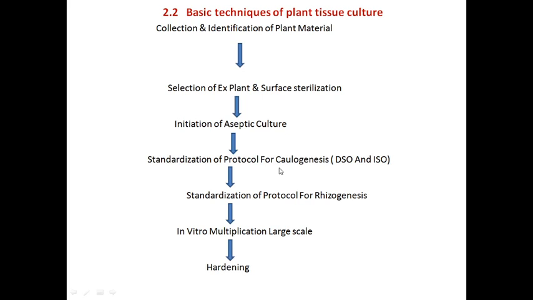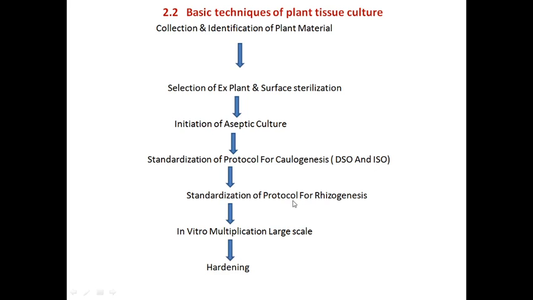For shoot formation, cytokinin is used, specifically BAP, benzylaminopurine, kinetin, zeatin, and a number of others. Then there is direct shoot organogenesis, where we can use the axillary bud or meristem, and indirect shoot organogenesis. Firstly, from leaf there is callus development, or using the cotyledonary part there is callus development, and later there is root and shoot formation. So there are two paths.